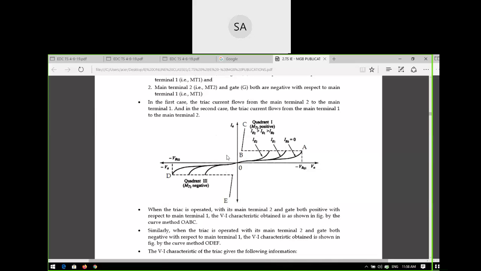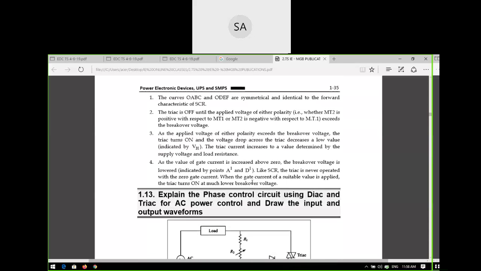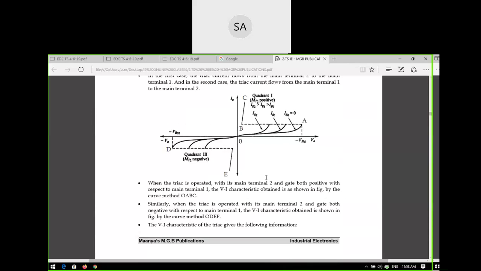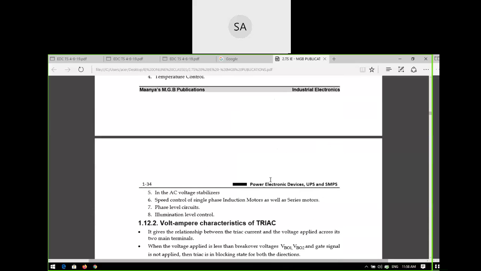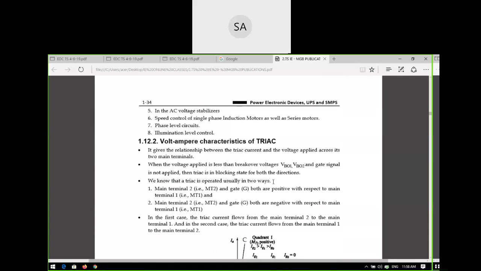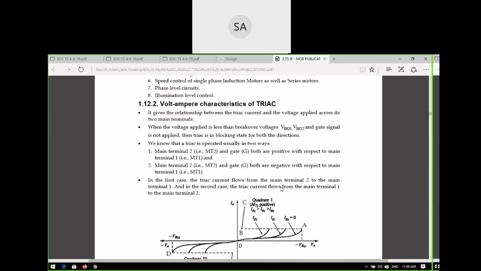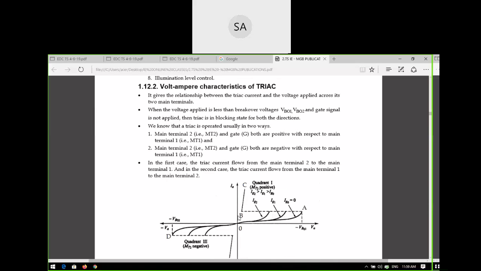How we can turn on the SCR is the same as how you can turn on the TRIAC. If MT1 is positive with respect to MT2, we have to apply some voltage at the gate terminal, then it will turn on after the breakover voltage.